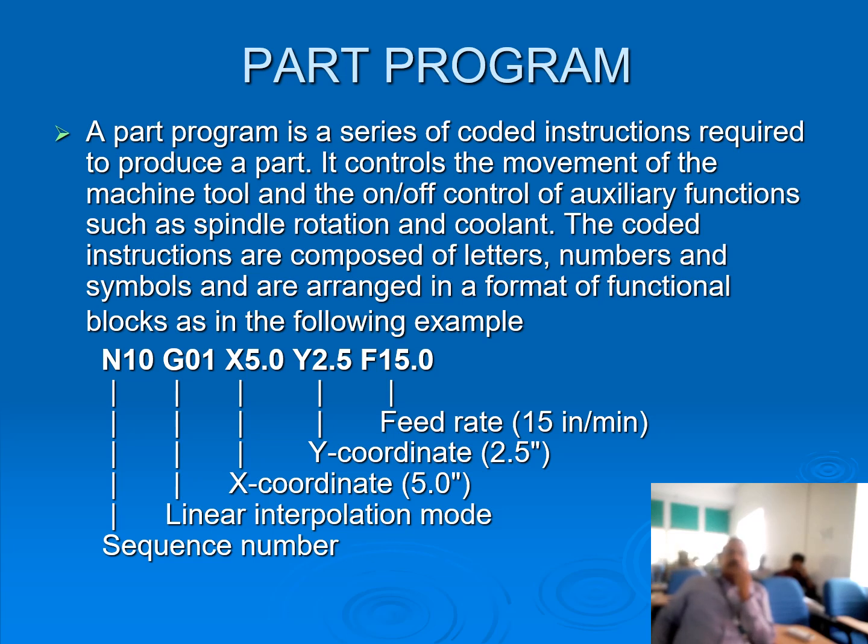It controls the movement of the machine tool and the on-off control of auxiliary functions such as spindle rotation and coolant on or off. The coded instructions are composed of letters, numbers, and symbols, and are arranged in a format of functional blocks as in the following example.